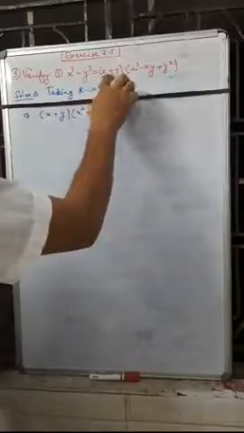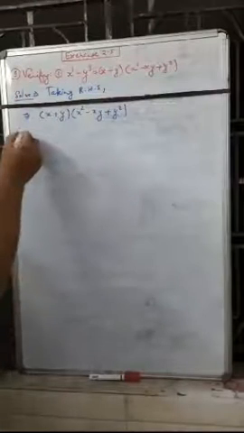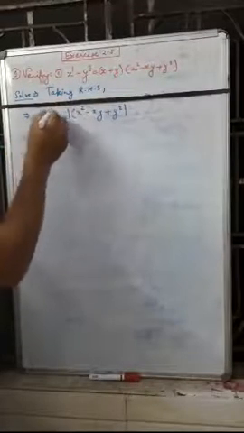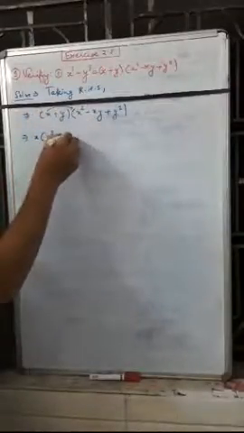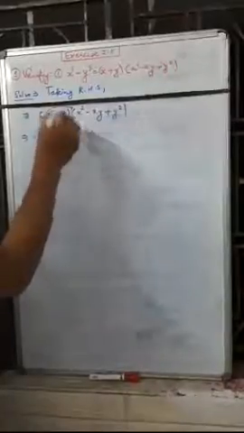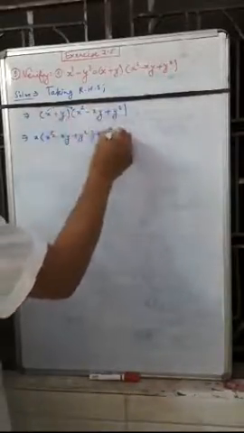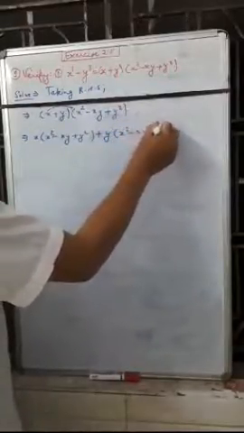So we will again write the right hand side: (x plus y)(x square minus xy plus y square). Now do the multiplication. x will be multiplied to the whole bracket, x square minus xy plus y square, and y will also be multiplied to the whole bracket, x square minus xy plus y square.